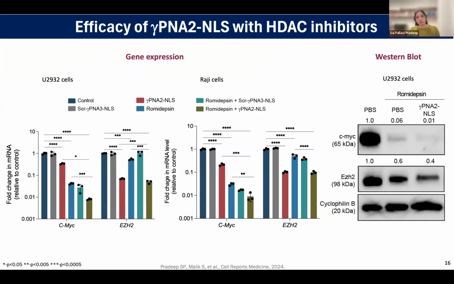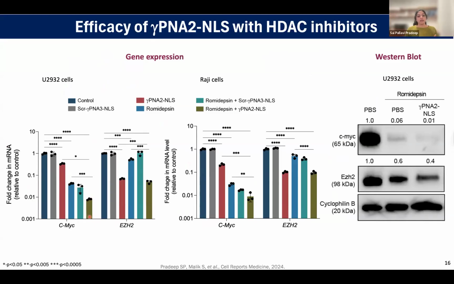So first in cell culture, we would treat the cells with romidepsin as well as the PNA. And what we observed is a much greater downregulation of the c-Myc mRNA when we had the co-treatment, and this was significantly lower than what we observed with just the PNA alone or romidepsin treatment alone.